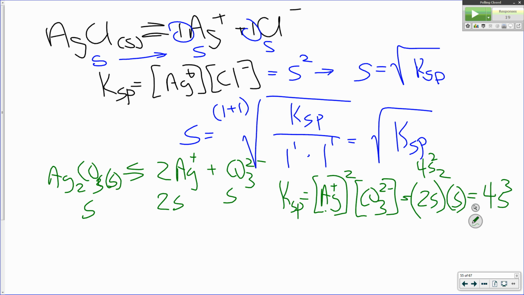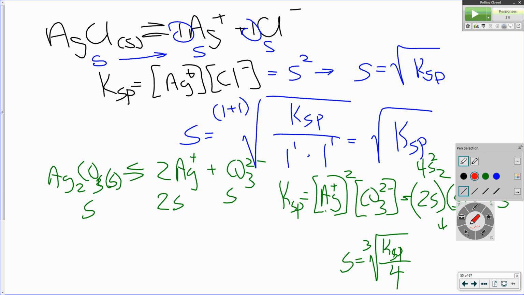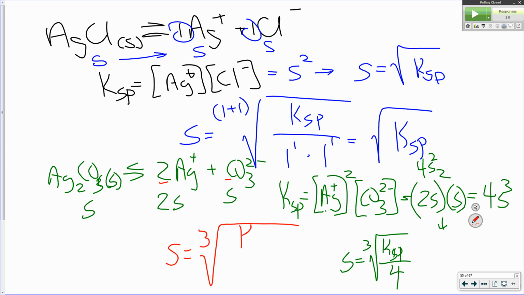If I want to apply that to solving for the solubility, it's the cube root of KSP divided by 4. Now applying that back to this equation from the previous page, it would be the root of 2 plus 1, so that would be 3, of KSP divided by 2 to the 2 power times 1 to the 1 power. So on the bottom, that's the 4.